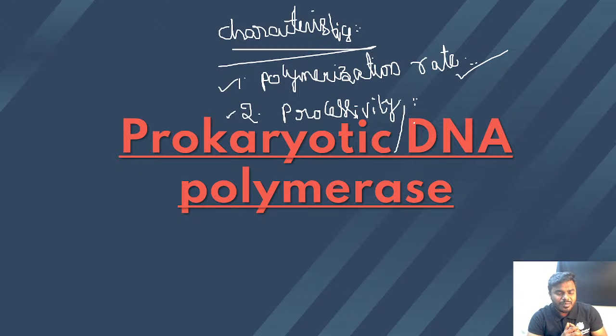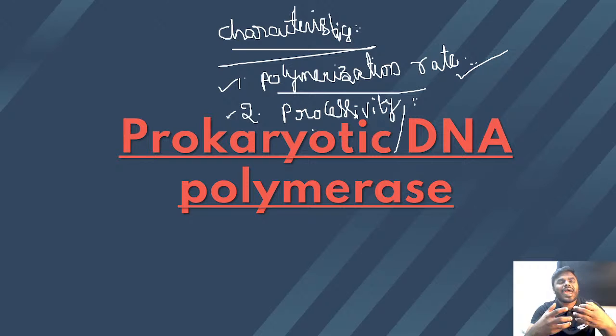So here what is polymerization? That I can walk 10 kilometers. The target is polymerization. Processivity is what? I am running 10 kilometers without stopping. That is processivity. In the same way, polymerization rate means how many nucleotides it is adding.